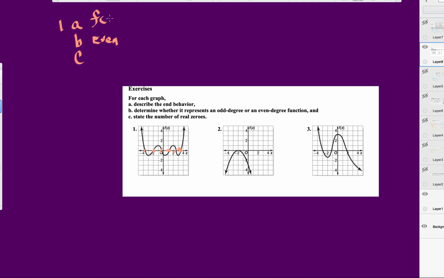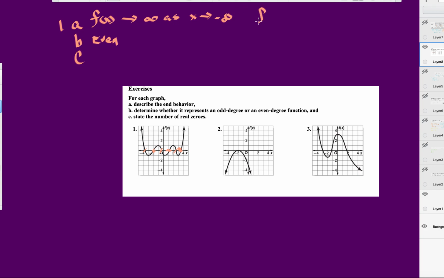F of x, and we can write it like they wrote it. F of x approaches positive infinity as x approaches negative infinity. Sorry about that infinity.